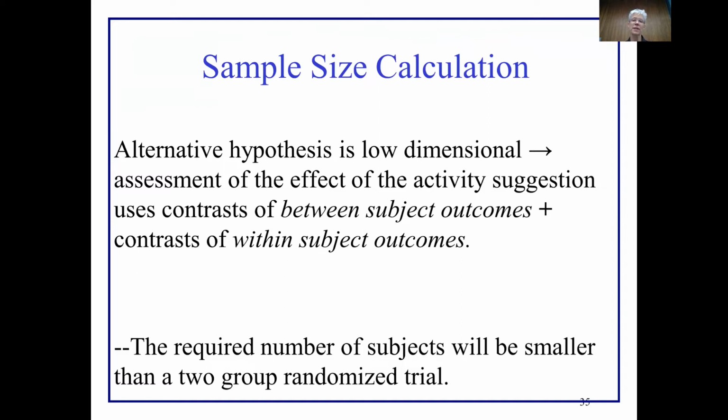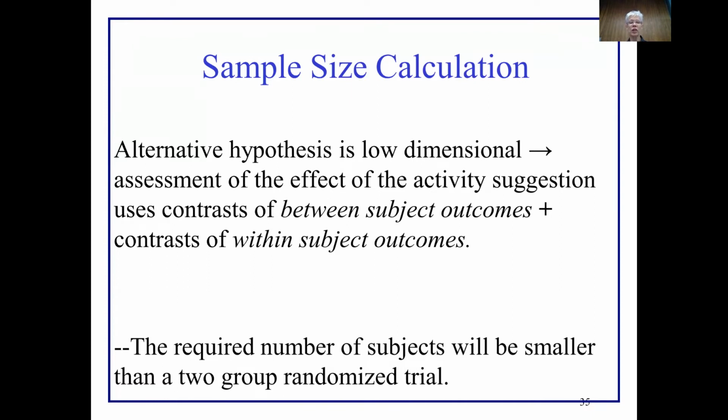The payoff is that when we go to size the study or analyze the data, we're able to use contrasts not only between subject outcomes, those who got a treatment at a particular time versus those who did not. We're also able to use within subject contrasts. That is, times at which you got a treatment versus times at which you didn't. And it's all because of this alternative targeting a relatively low dimensional quadratic.